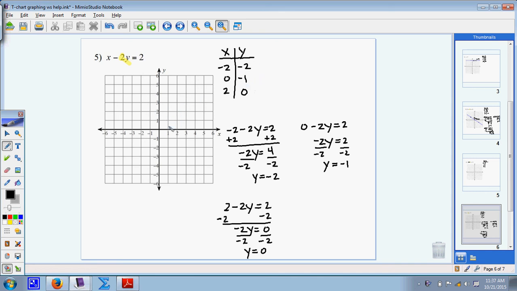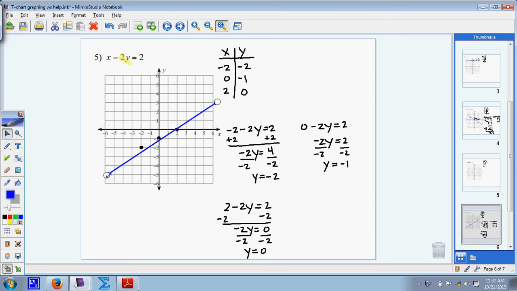All right, so let's go ahead and plot it. I've got -2, -2. I've got x is 0, y is -1. X is 2, y is 0. Make your answer, which is your graph. Oops, notice how mine's a little bit off, so I do need to go ahead and adjust that.